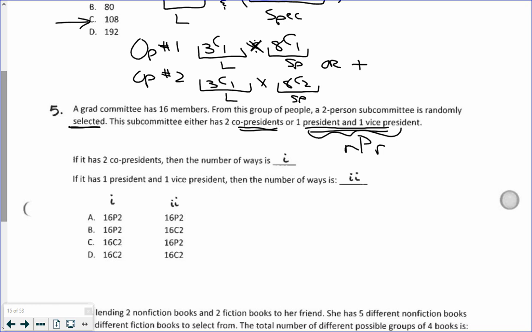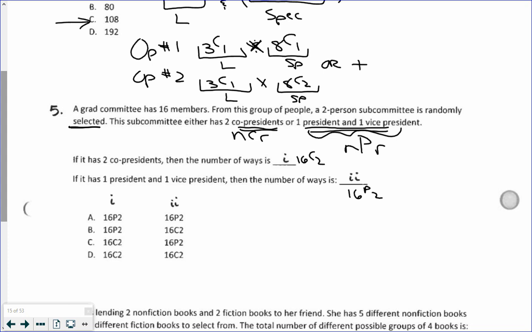Now, does the order matter? If they're both presidents, does it matter which one I picked first? No. So this one is an nCr. So the co-presidents is 16C2, but when you've got different roles, it's a 16P2.